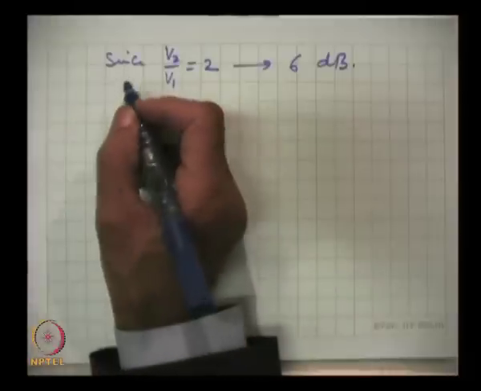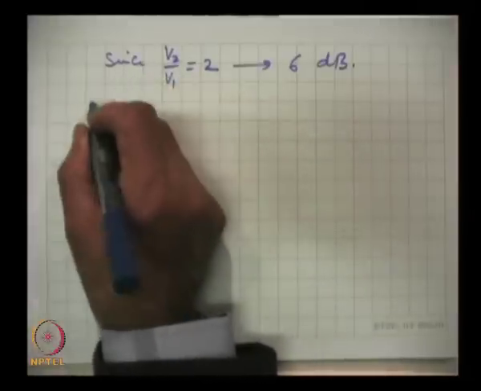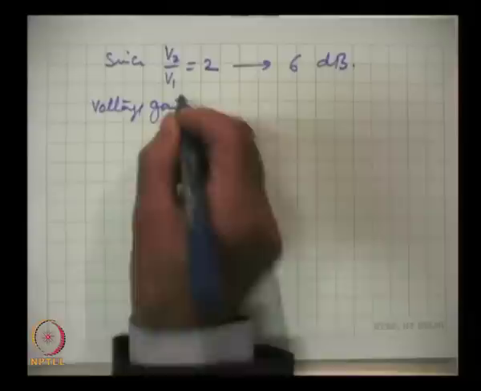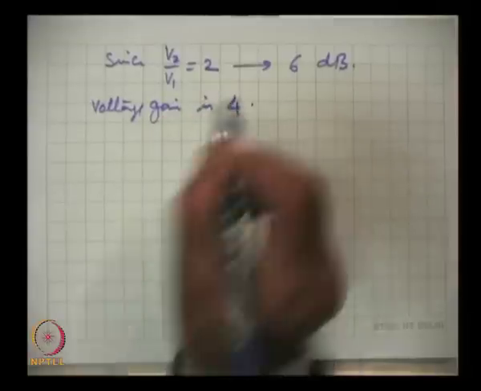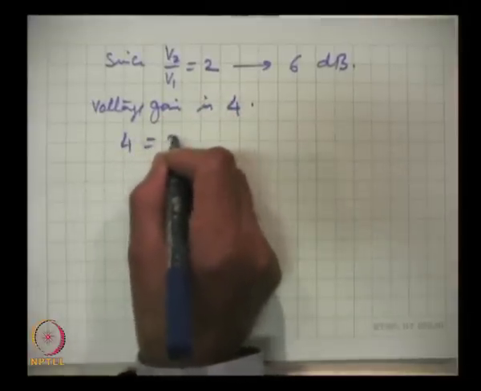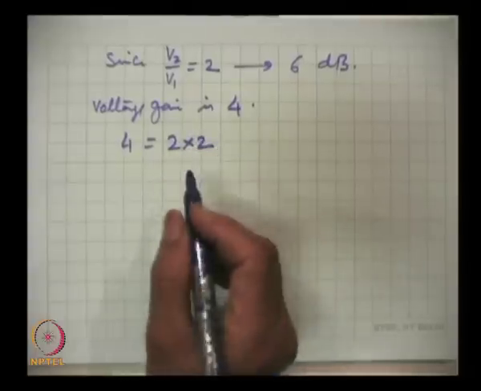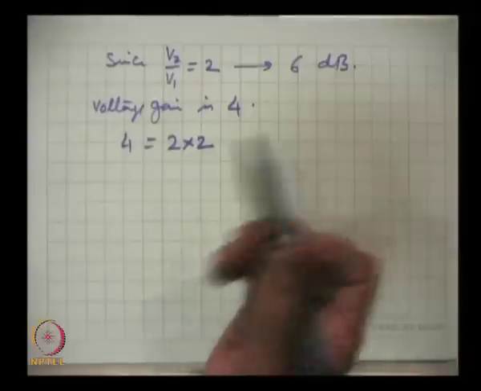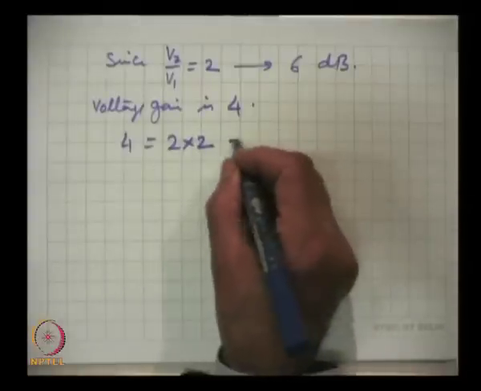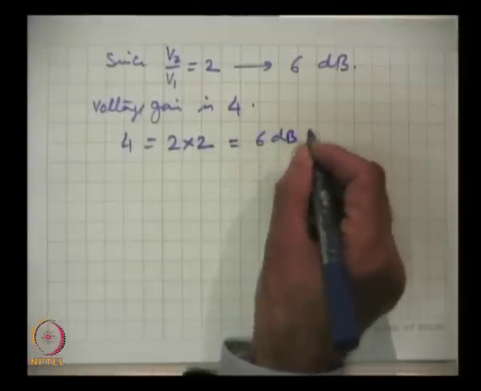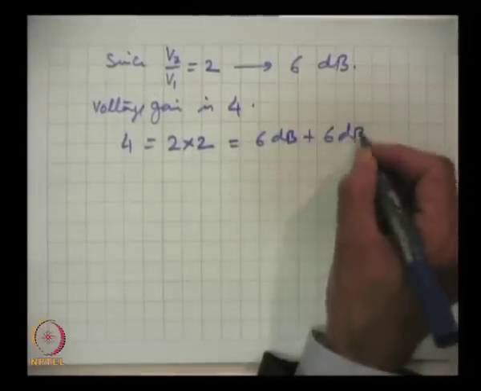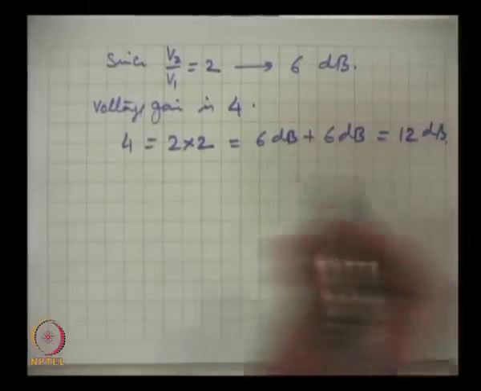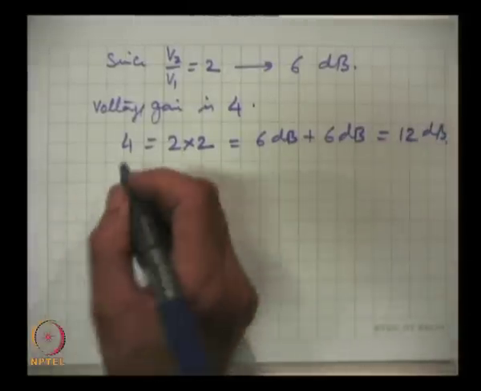Then if the voltage gain is 4, then 4 is equal to 2 into 2, and the product in log scale becomes the addition. So, this is equal to 6 dB plus 6 dB. So, it is 12 dB.